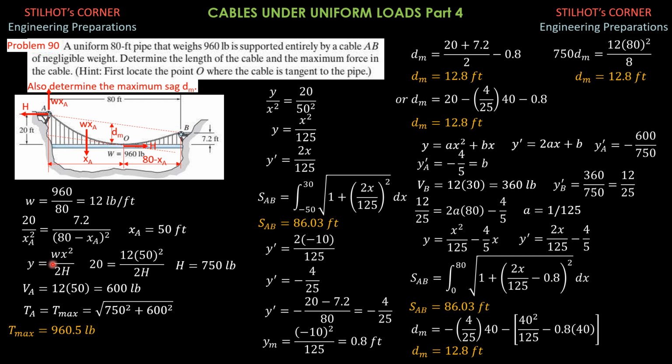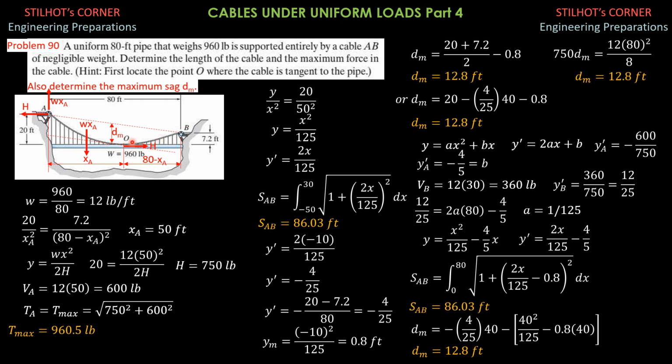Then we have this equation of the cable, y equals wx squared over 2h. You can easily derive that by considering a cable, and we have a point here. The distance is x, the height is y, then summation of moment about that point equals 0.